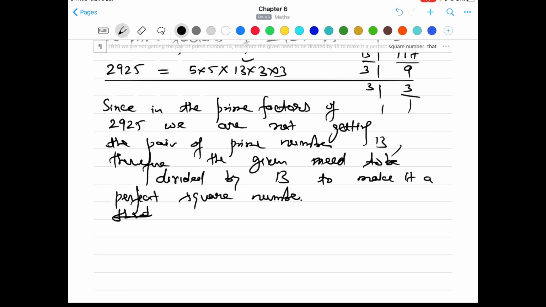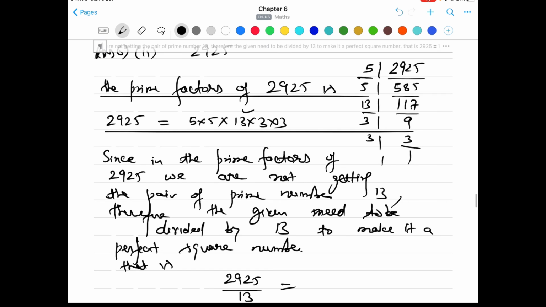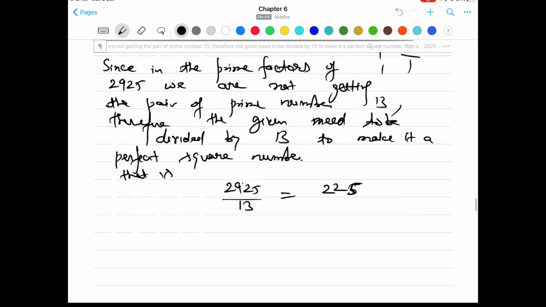That is, the number given to us is 2925, so we'll divide this number by 13. Let's divide this by 13, we'll get 225, and the square root of 225 is 15.